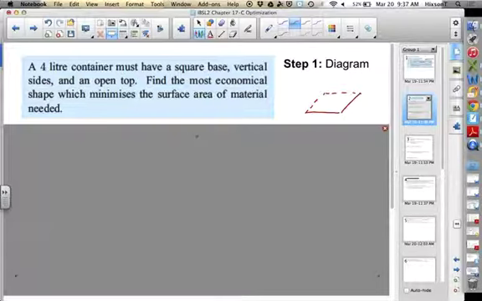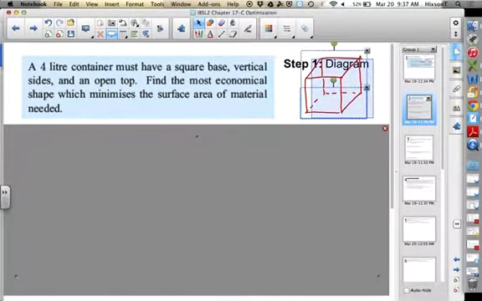A rectangular prism. A cube is a type of prism, but... So we have this rectangular prism here. I'll see how well I can draw this in perspective. There we go. That's halfway decent at least.